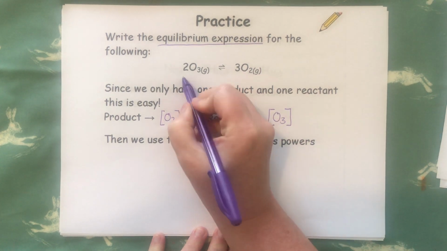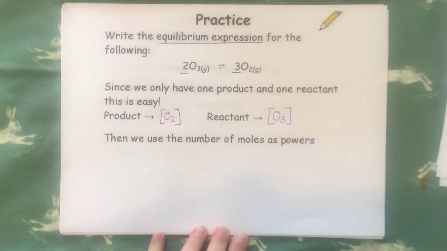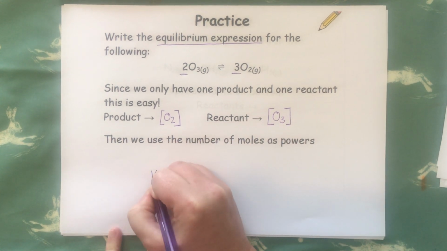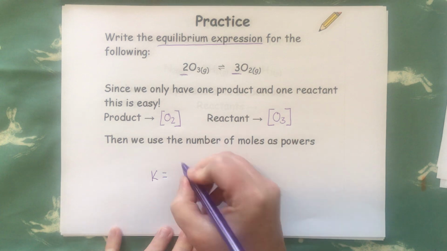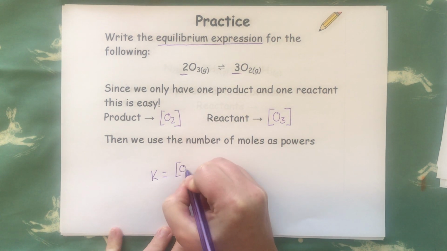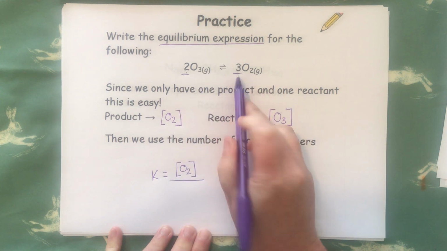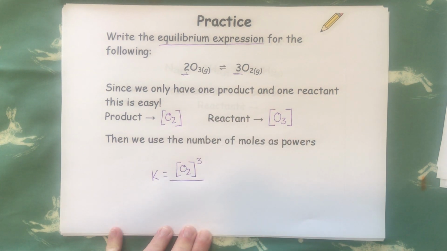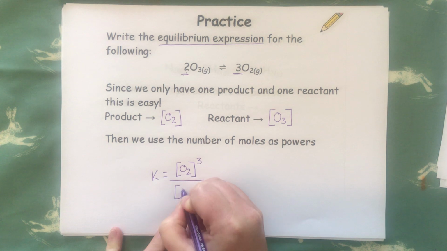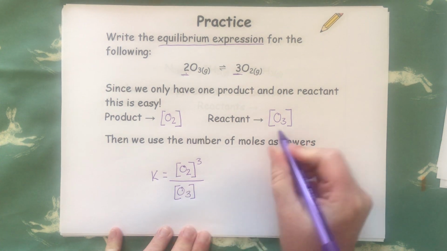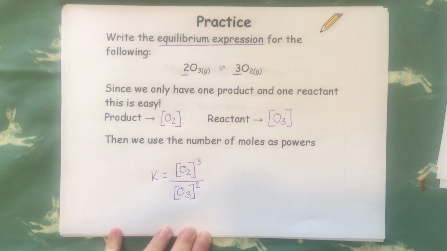We then use the number of moles given in the balanced equation as the powers. So we would write that as K equals our product, O2. It has a 3 in front of it, so it's to the power 3, over the concentration of our reactant, which is O3 to the power 2.